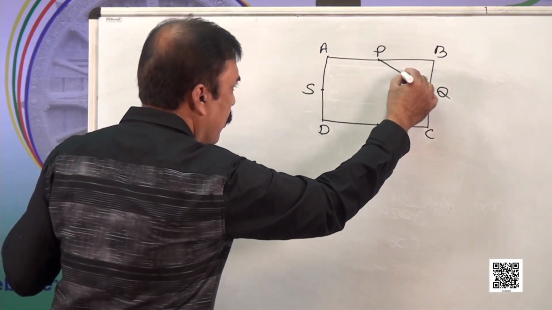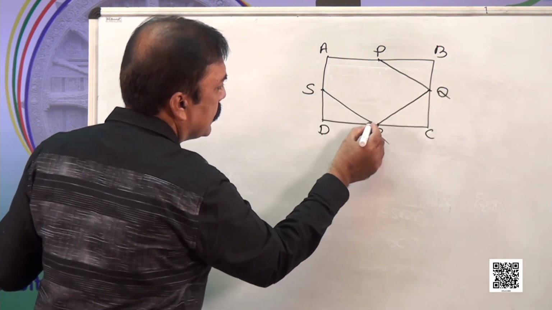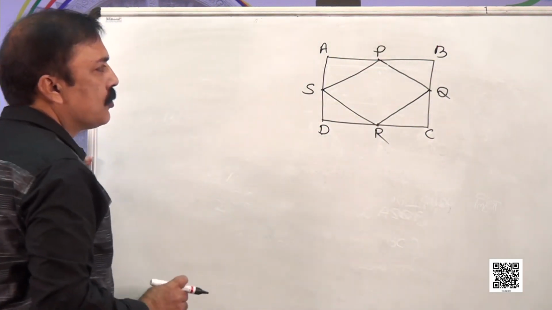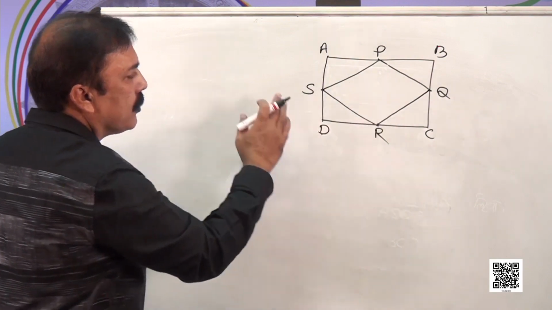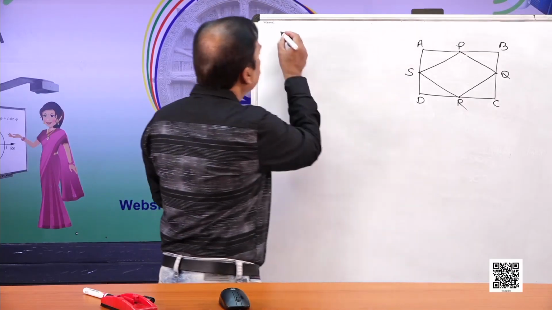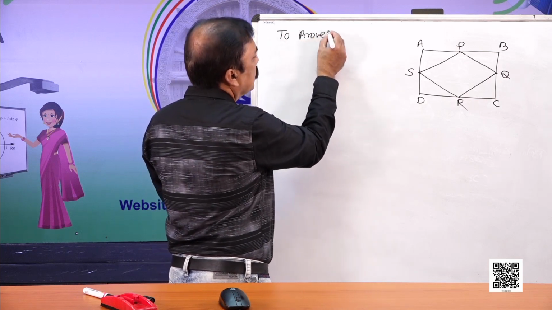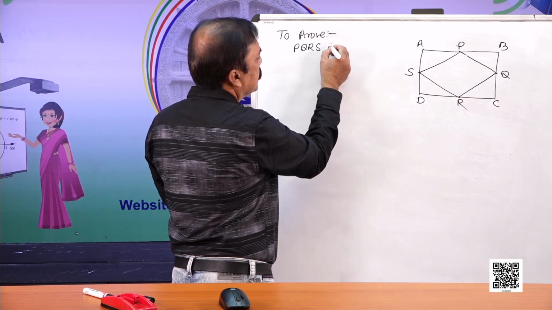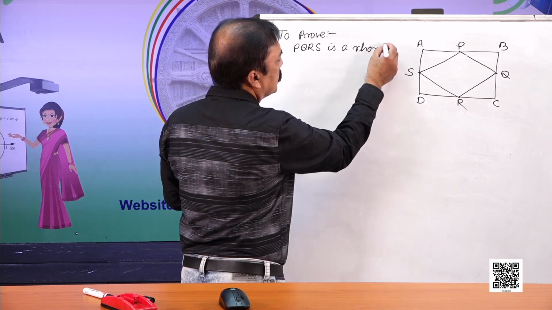We have to show that PQRS is a rhombus. So to show that this is a rhombus, we have to prove that all the sides are equal.